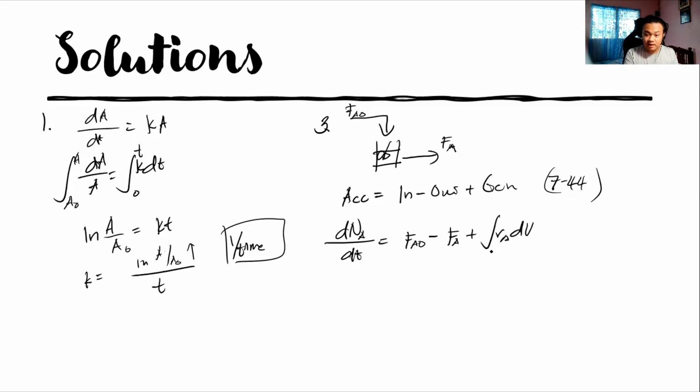Let's integrate that over V. But in a CSTR, we have assumptions there. One assumption is that it is at steady state, and then it is well mixed.